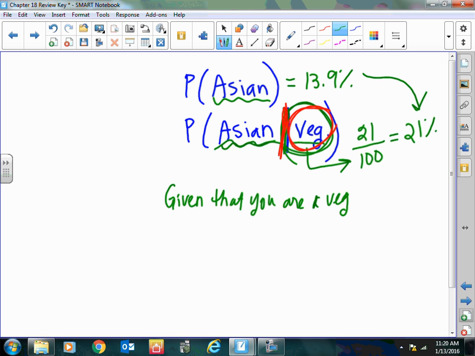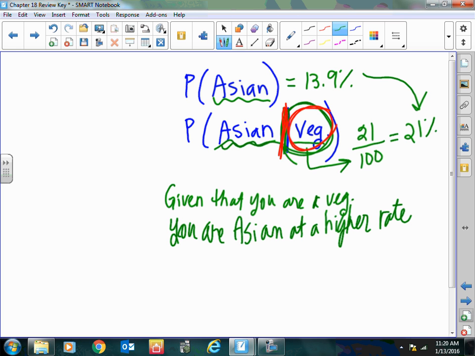What is, given the fact that you're a vegetarian, doing to the probability of you being Asian? Good. Given that you are a vegetarian, you are Asian at a higher rate, or it increases the likelihood, however you word that. So they were not independent.